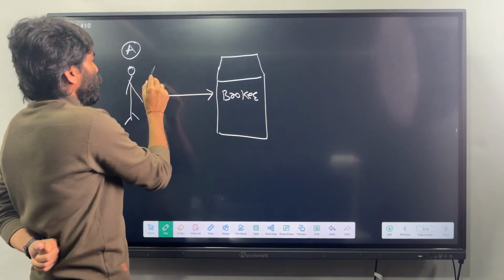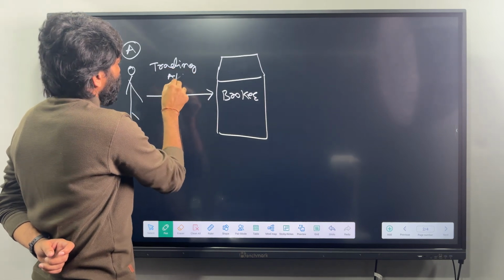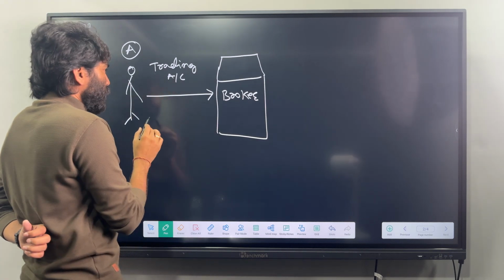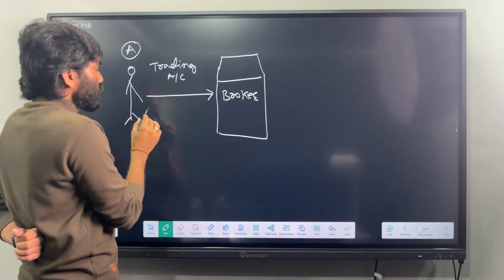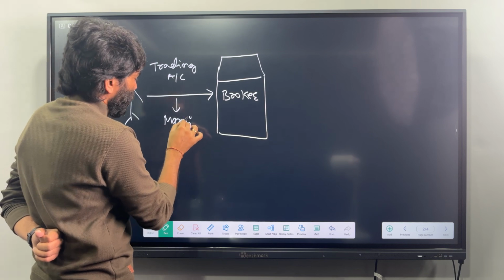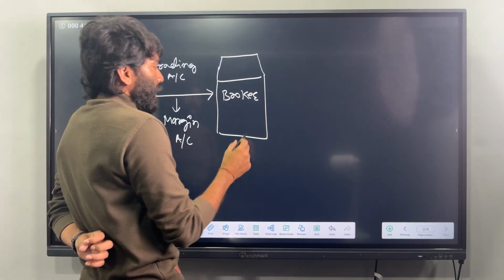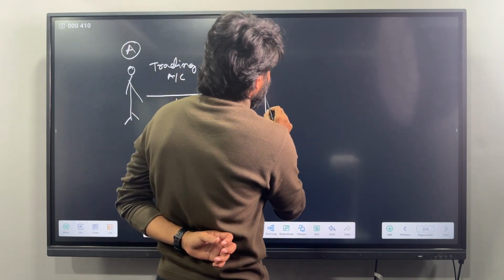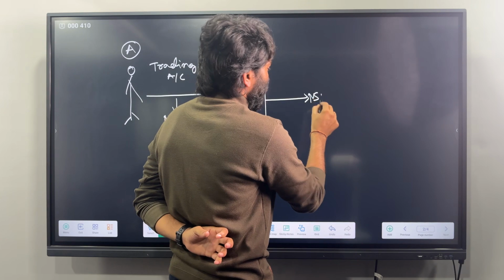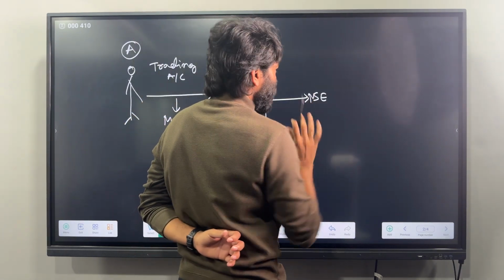A has a trading account, or here, especially if you want to deal with margin, this person A will also have to open a margin account as well. Then let's say this broker offers the facility to trade securities from NSE, the National Stock Exchange, right? It's an exchange platform, correct?